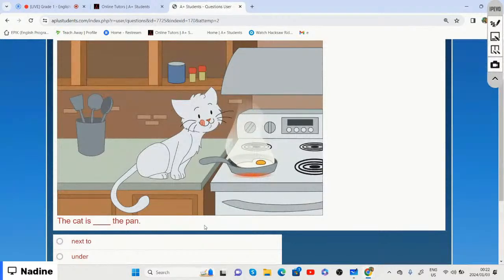So the sentence is, the cat is in the pan. Is it next to the pan or is it under the pan? So is the cat next to the pan or is the cat under the pan? Here we have the pan and there we have the cat.